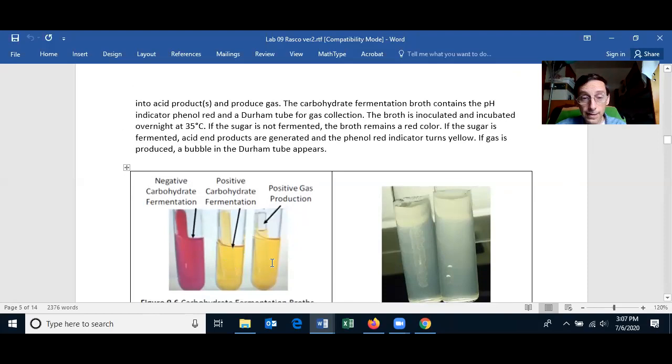And then you can have acid and gas where the tube turns yellow and there's a bubble in the inverted Durham tube. Any question about that? All right, so that's the carbohydrate fermentation test or utilization test, and the also called the PR, because phenol red is the indicator here, PR fermentation test.